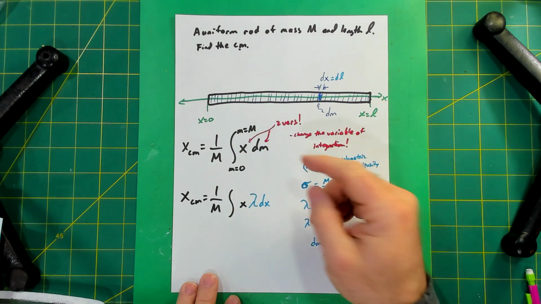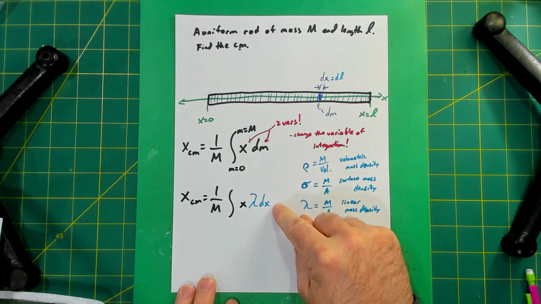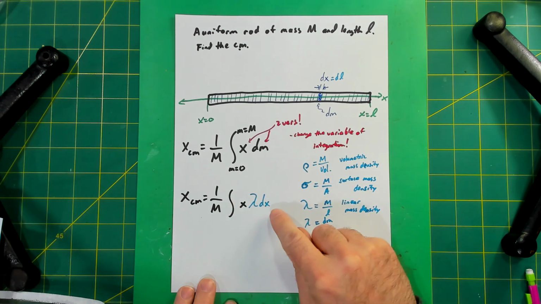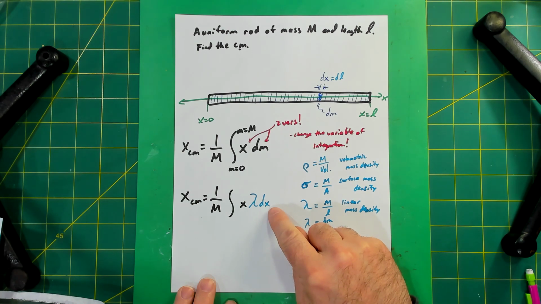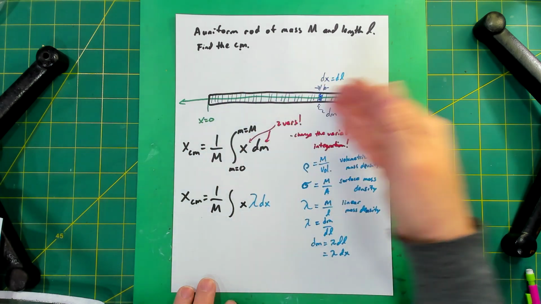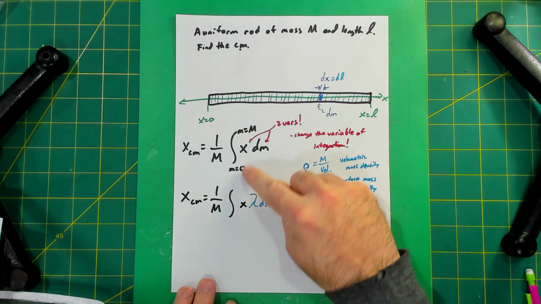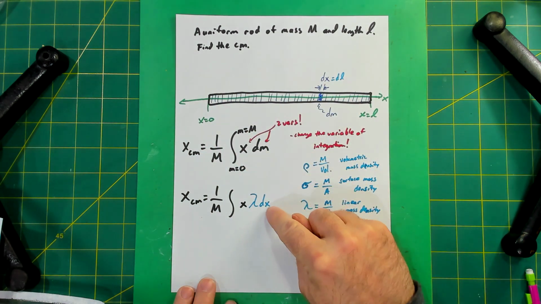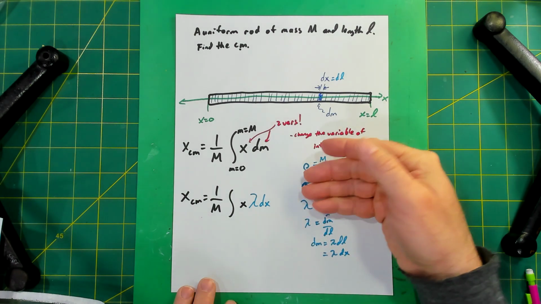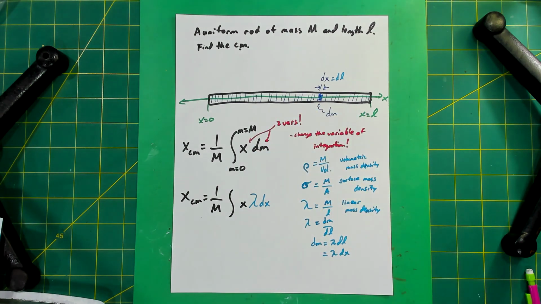That was my integration, but now my variable changed. So I need to make the bounds of my integral be in terms of the new variable. But it still has to be the same integral I was doing before. I still have to be adding up to get the whole rod. And so my bounds are going to be new bounds in terms of my new variable x, but they've got to correspond to the old bounds, right?